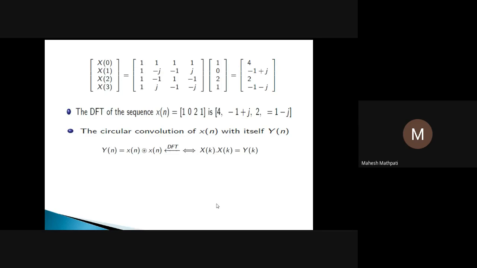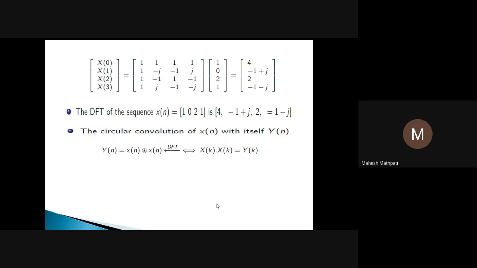Are you getting this point? This is the way we calculate the second question. When it is asked with itself, the same DFT is multiplied with itself to calculate the value of y of k.